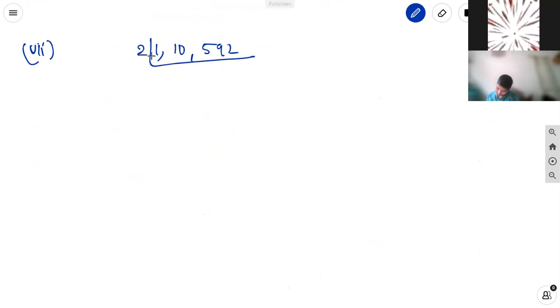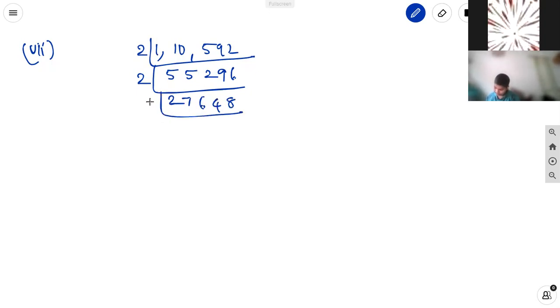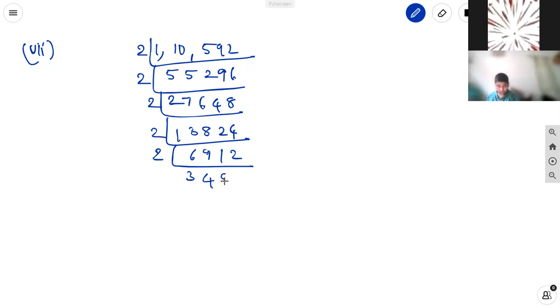It is an even number, so start with 2. 2 fives are 10, 2 fives are 10, 2 twos are 4, 2 nines are 18, 2 sixes are 12, 2 twos are 4, 2 sevens are 14, 2 sixes are 12, 2 fours are 8, 2 eights are 16, 2 threes are 6, 2 eights are 16, 2 twos are 4, 2 fours are 8.